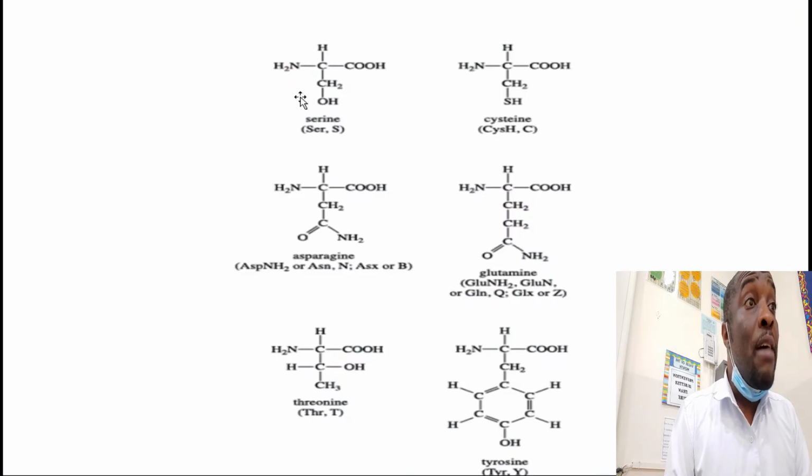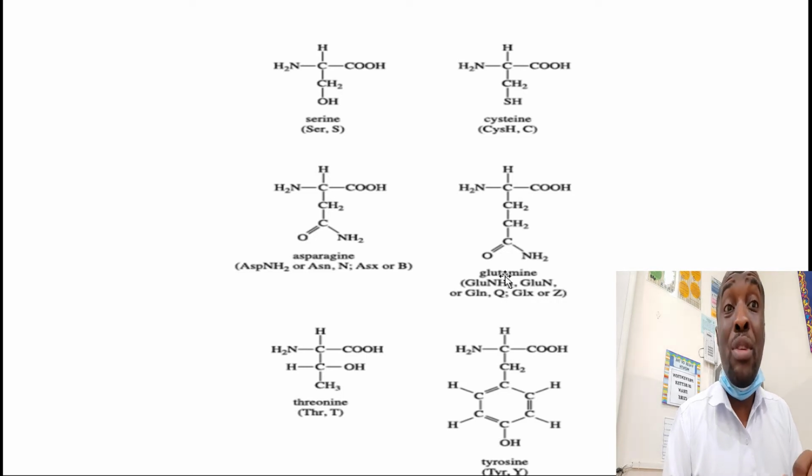We see these are amino acids, and each of these amino acids has nitrogen. Look at your serine. This is your nitrogen. Look at your cysteine. We have a nitrogen, and also in your glutamine and other amino acids. And when these amino acids combine, we have our protein.